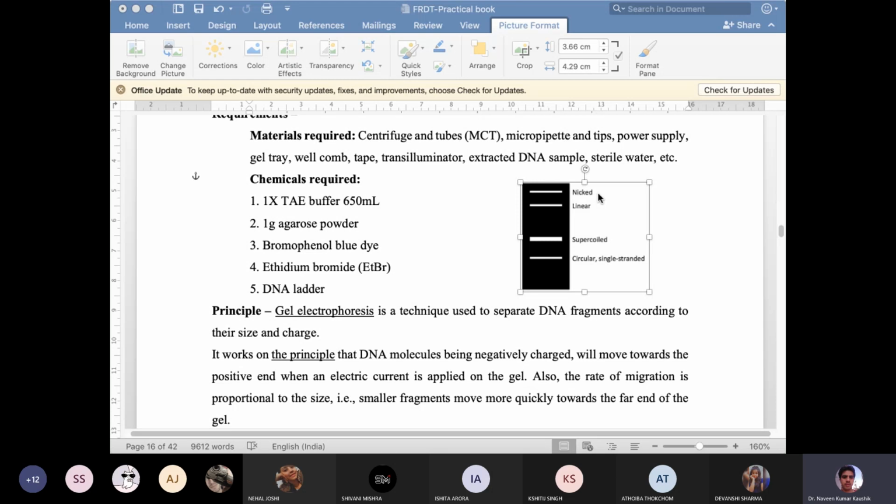As you can see in your word file, here the migration is up to down. Nicked circular is going to migrate slowest. Why is it going to migrate slowest? Can anybody comment?